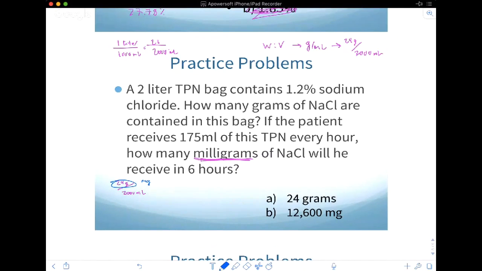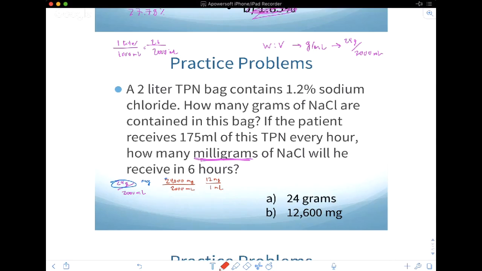So 24 grams converted into milligrams is going to be 24,000 milligrams per 2,000 milliliters. And so we can figure out how many milligrams per milliliter. If you divide those, there's 12 milligrams for every 1 milliliter.